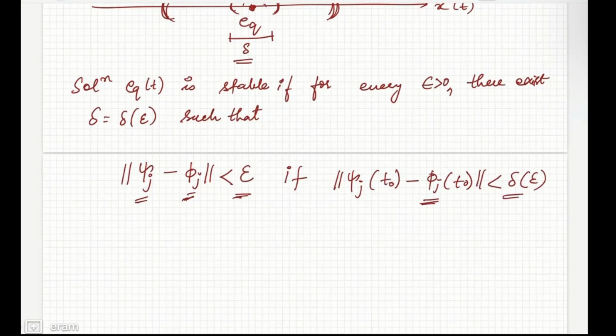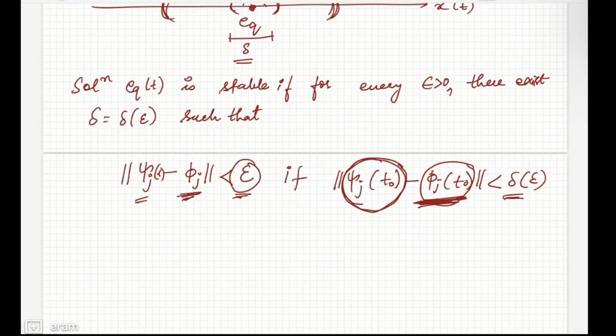So if the trajectory starts in delta neighborhood of phi equilibrium point or any reference trajectory if you are talking about, so if your solution or trajectory starts nearby, delta nearby, of the equilibrium point, you are going to stay in epsilon neighborhood of that phi for all t greater than or equal to t naught, or if t naught is 0, then for all t greater than or equal to 0.